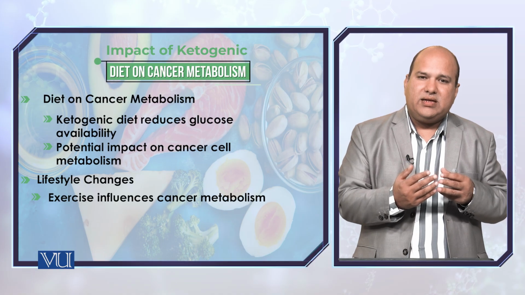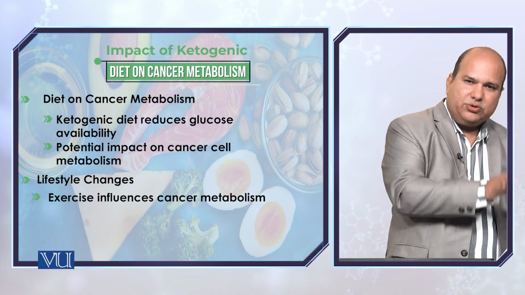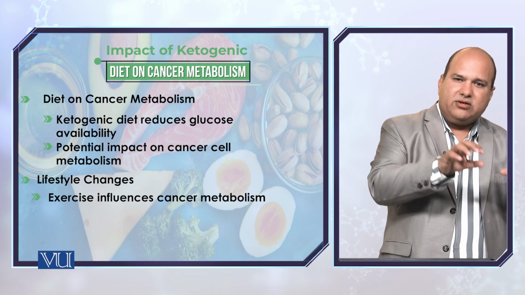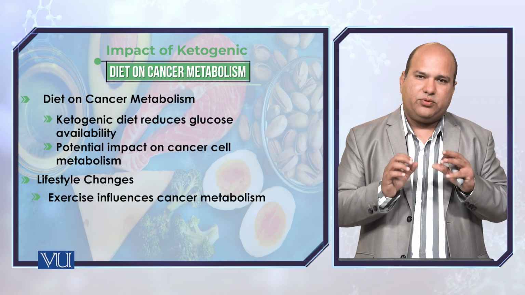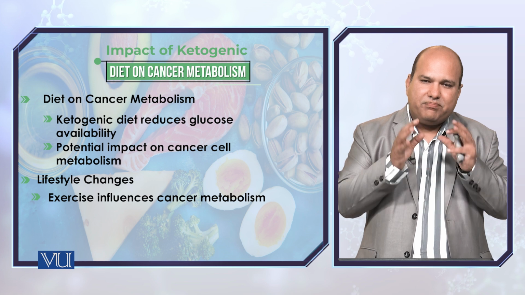Ketogenic food will at least tend to reduce the cancer cells' dependency, or their ability to make use of the glycolytic pathway. In that way, by eating ketogenic food, you can manage cancer.